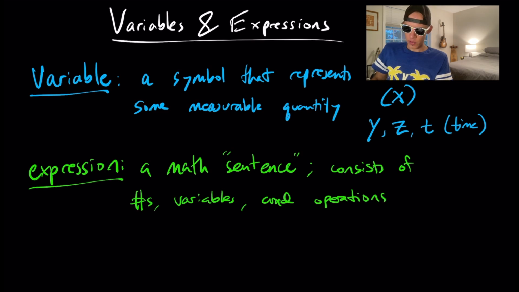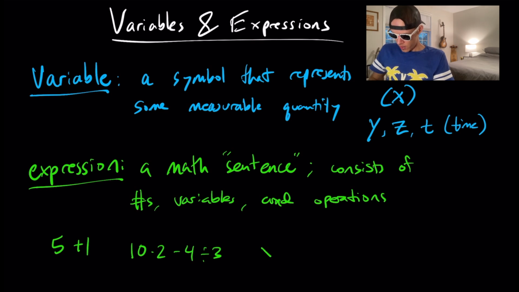So an example of a math sentence or an expression might be 5 plus 1. So we have numbers and an operation. We could have 10 times 2 minus 4 divided by 3. That's an expression. That's a math sentence.